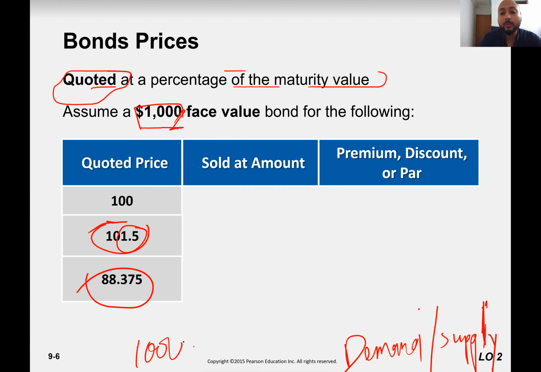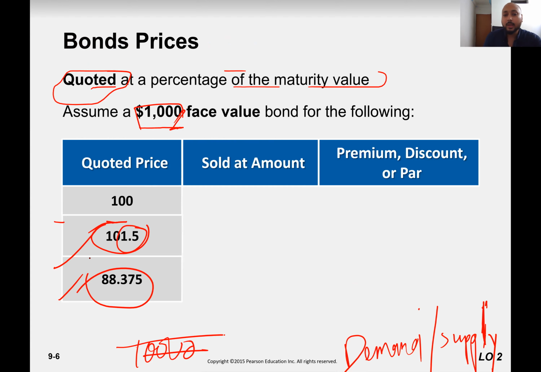Some issue 10,000 for one certificate. So with a 2% increase, we don't know whether it's 2,000 or 200. So the market quotes the price in percentage term, right?